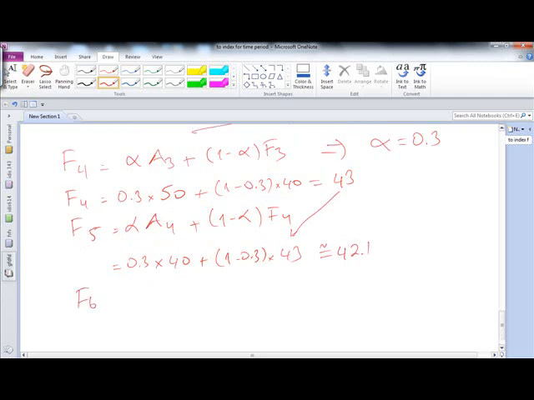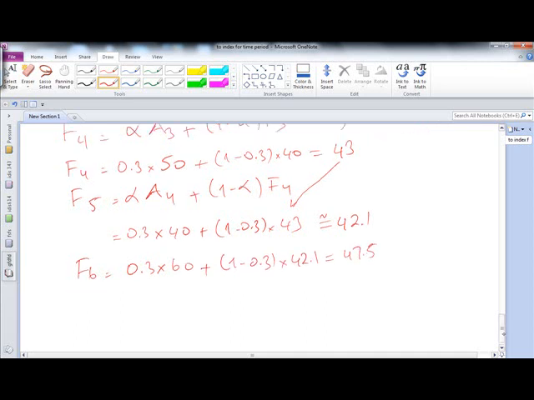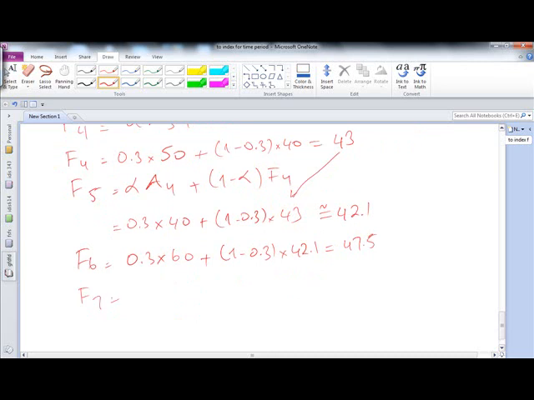And then F6 is 0.3 times A5, which is 60, plus 1 minus 0.3 times 42.1, that is 47.5, right? And F7, if I do the entire calculation, is 48.3, and F8 is going to be 54.8.